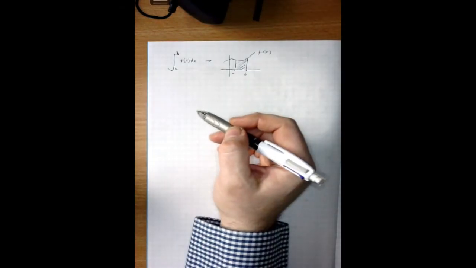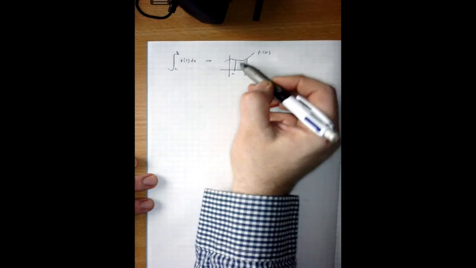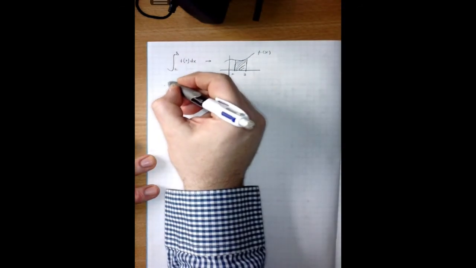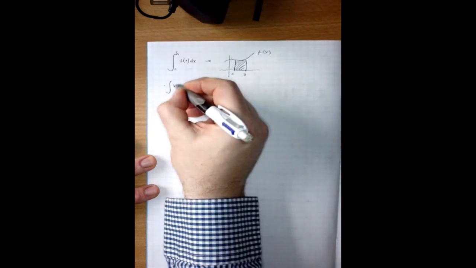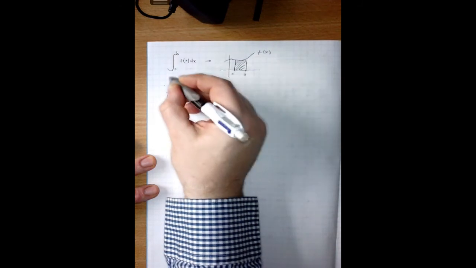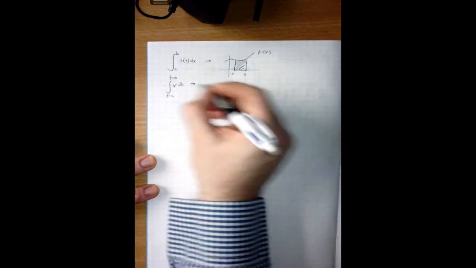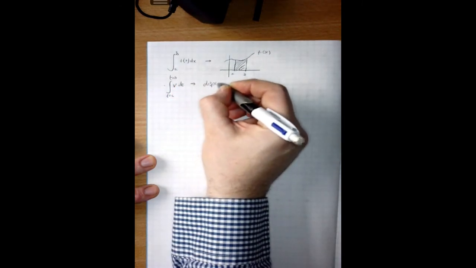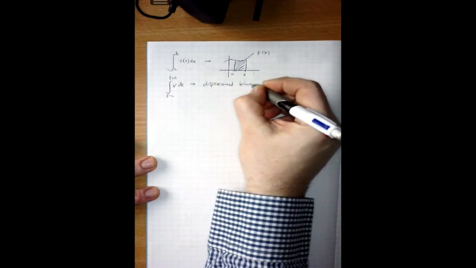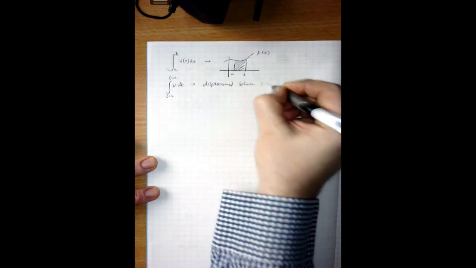Now we know that the area under a velocity graph is the integral of velocity, so that's displacement. So the integral of v between t equals a and t equals b actually gives me the displacement between those two times.